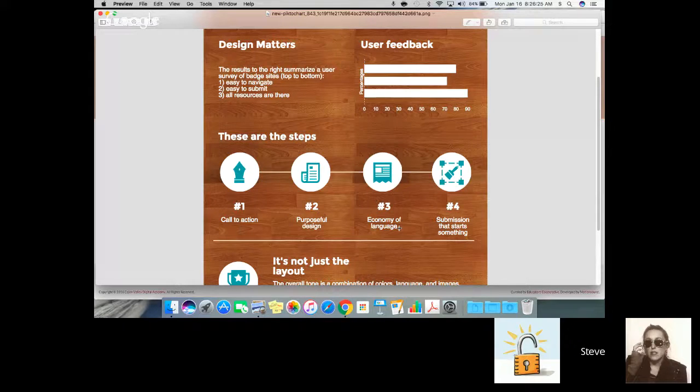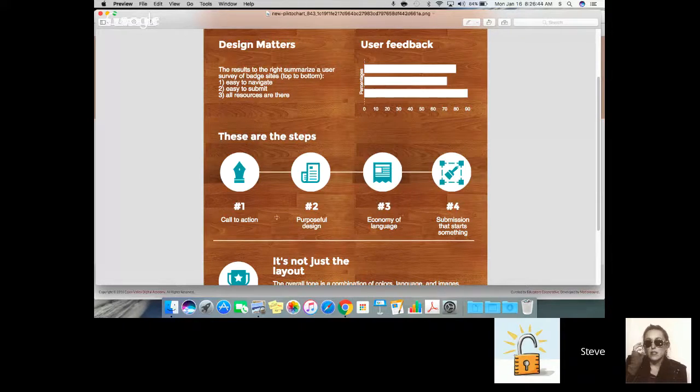So if you're earning a badge, there's a certain outcome, whether you design it or the person putting the badge together has designed it. But the expectations are there, the resources are there, the timeline is there.